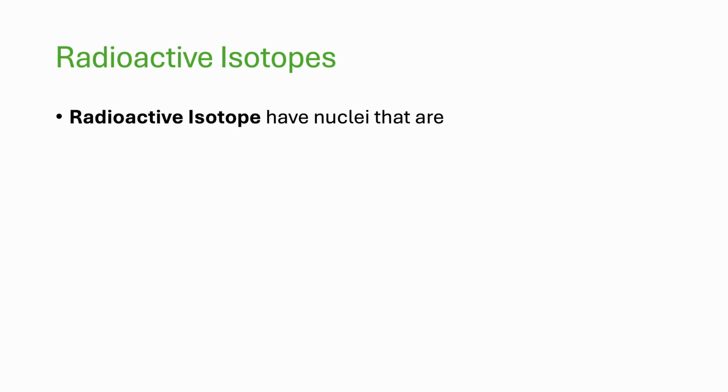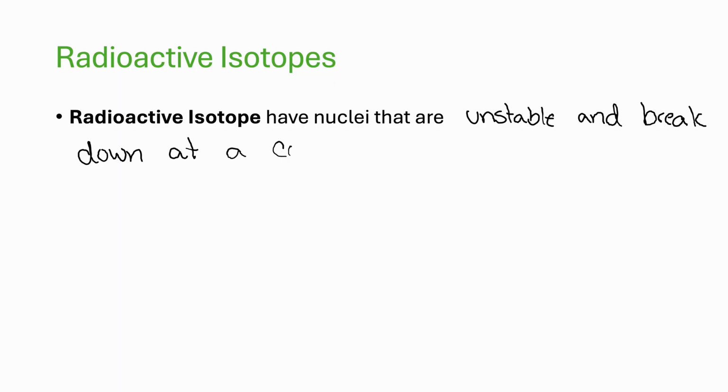Now, sometimes we can have radioactive isotopes. And radioactive isotopes have a nucleus that is unstable. Because they're unstable, they will break down at a constant rate. So we can use radioactive isotopes for a few things.